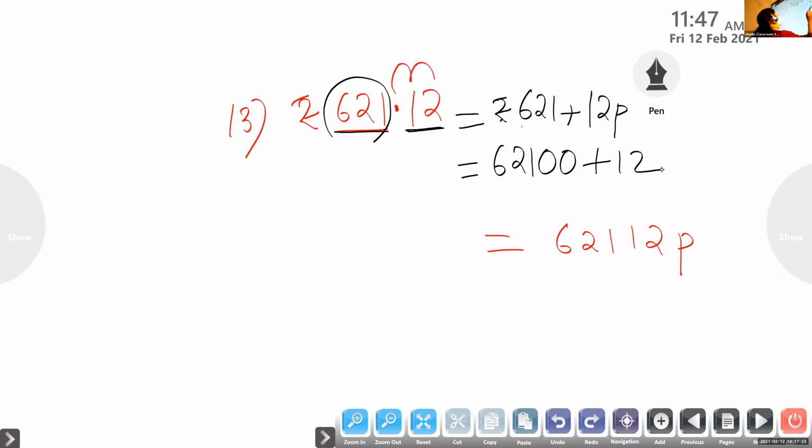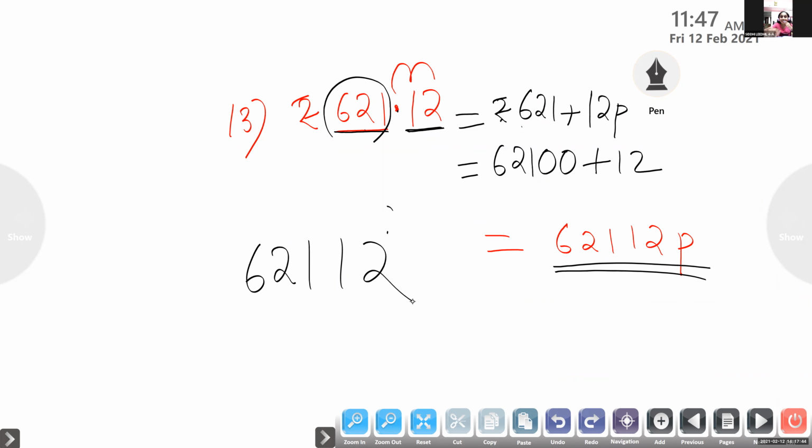62100 plus 12, you will get this answer. So what is the easy method I told you, children? Write the number without a decimal point. So this decimal we have to move 1, 2. Then write these paise.